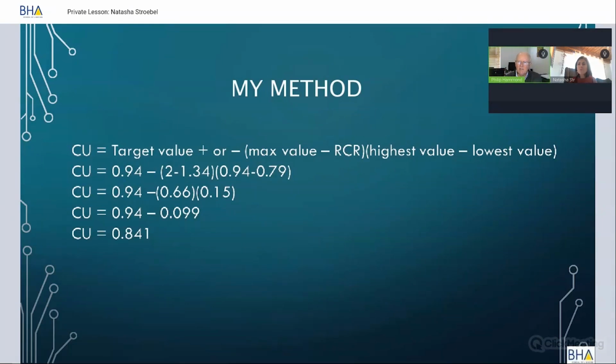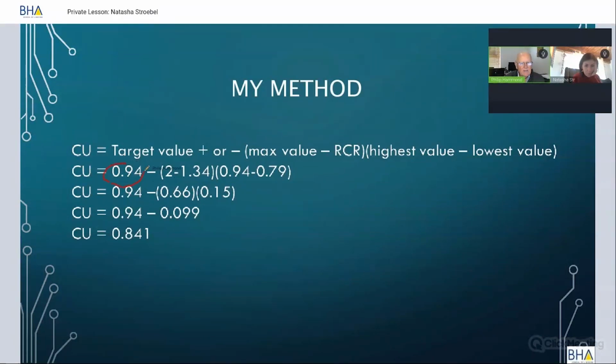In the case of it being closer to 1, you take away from the value of 1. The values we've got for 1 is 0.94 and for 2 is 0.79. We say 1.34 is closer to 1, so we take away from 1. So 1 is 0.94.